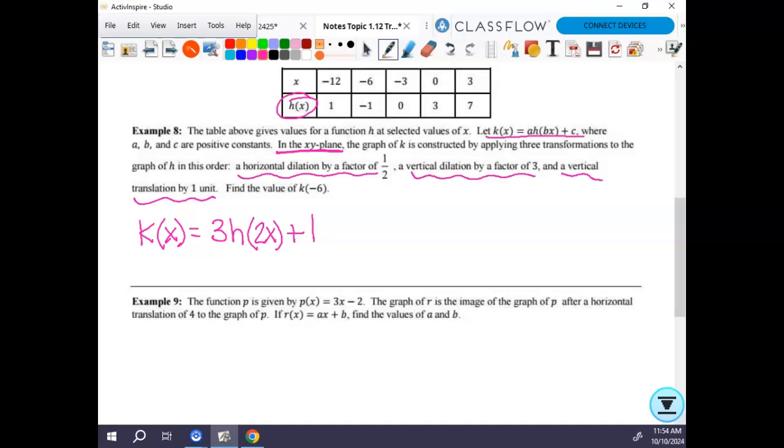Okay, so if we agree on that, then what it actually asks you for is k of negative 6. So find k of negative 6.